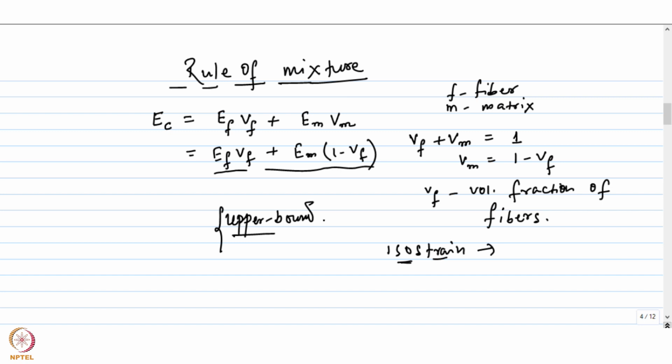And the other thing which is not taken into consideration in the rule of mixture is the fact that there may be presence of defects. That is not considered in rule of mixtures, right? So if there are presence of defects, obviously the measured value will be lower, and that is why, as I said, the experimentally measured values are generally lower than the values obtained by rule of mixture.